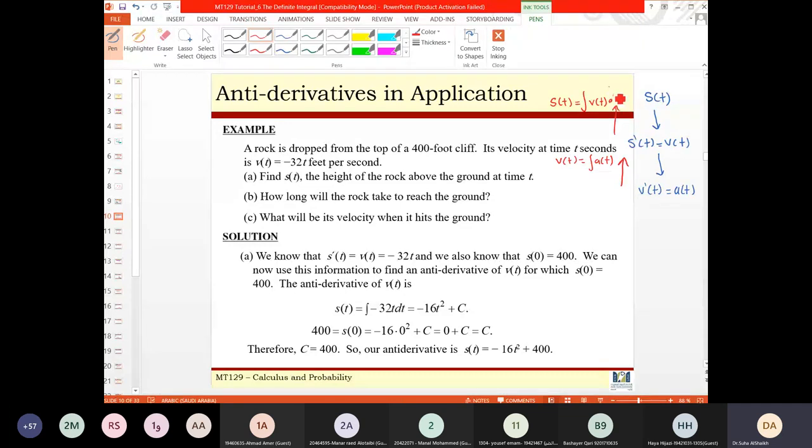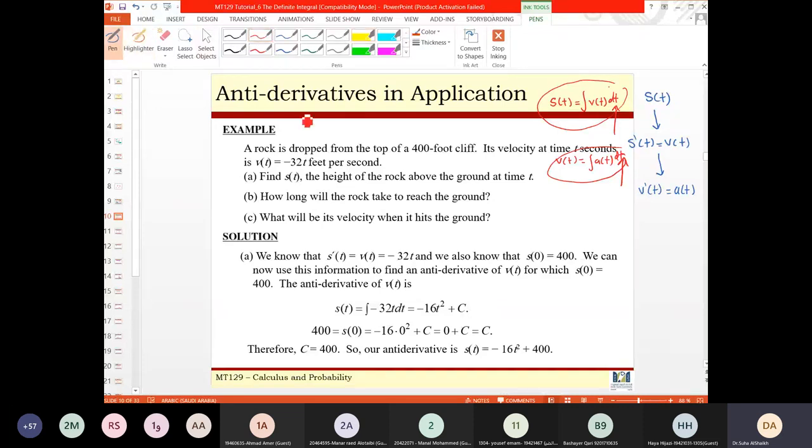So those are the new rules that we have here. s of t is the integration of v of t, and v of t is the integration of a of t. Does this make sense? The derivative of s gives me v and the derivative of v gives me a. So the integration of a gives me v and the integration of v will give me s. So this is what we are using here.